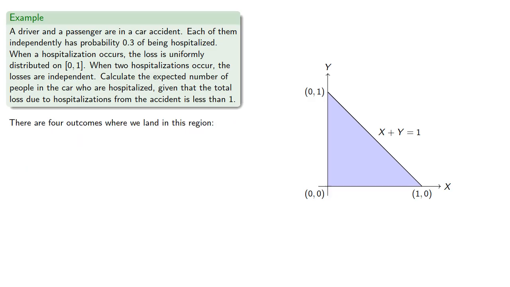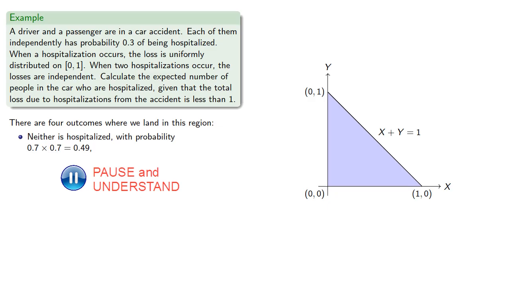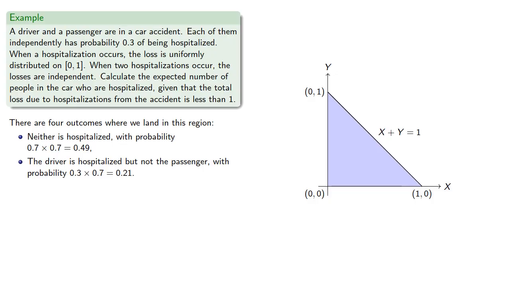So there's 4 outcomes where we land in this region. First of all, if neither are hospitalized, then our sum is 0, and so that's going to occur with probability. If the driver is hospitalized but not the passenger, then because the loss amount can't exceed 1 for any individual, then we're guaranteed that the loss is less than or equal to 1.